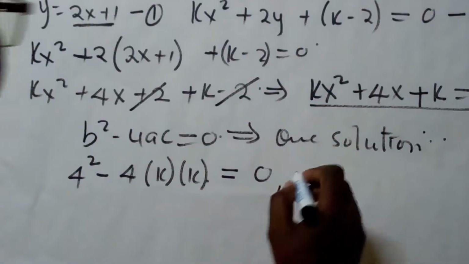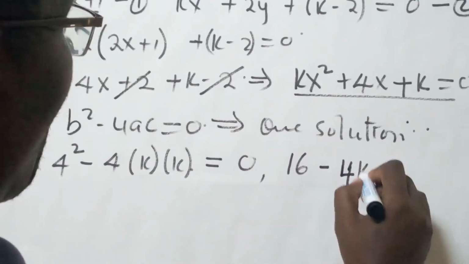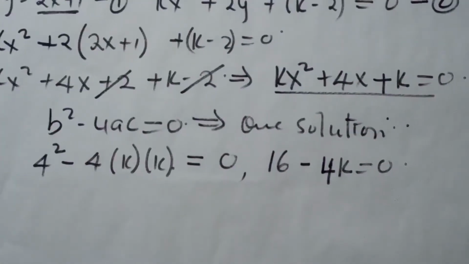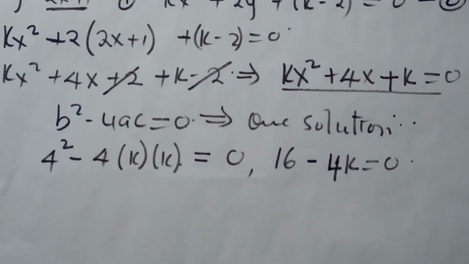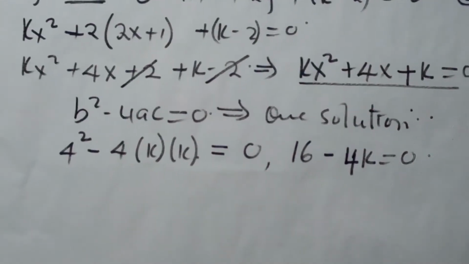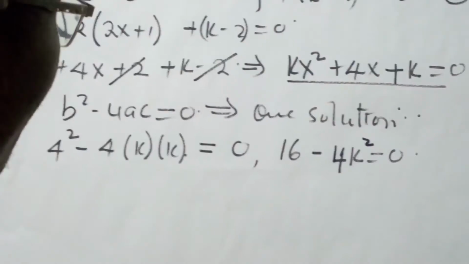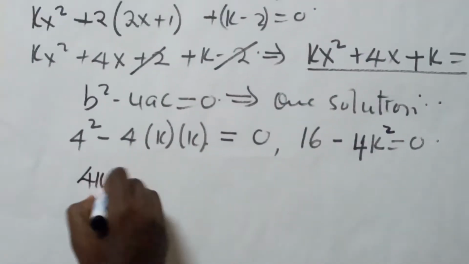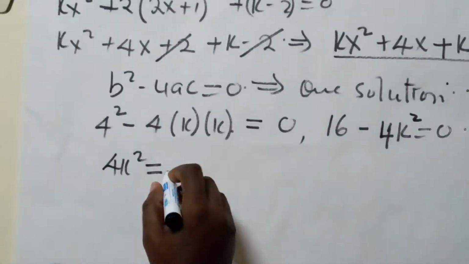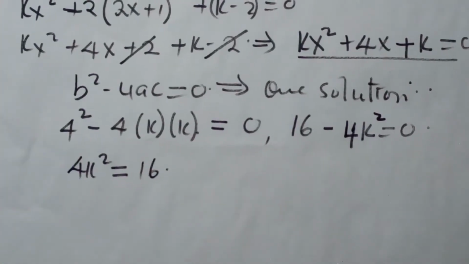If this is true, then we are simply saying 16 minus 4k squared equals 0. It goes without saying that 4k squared equals 16.